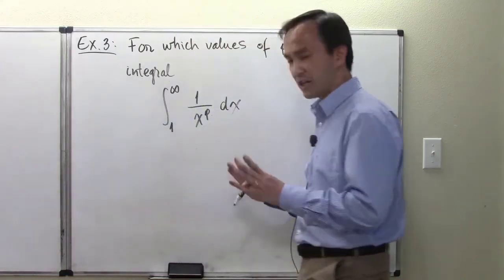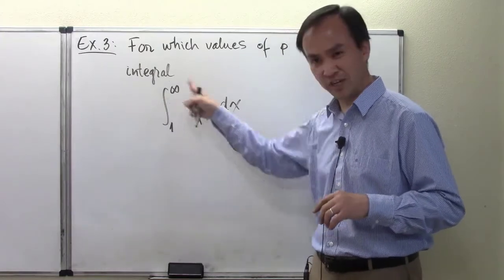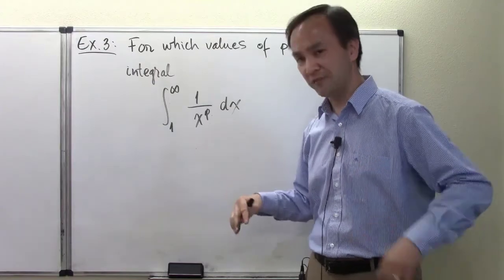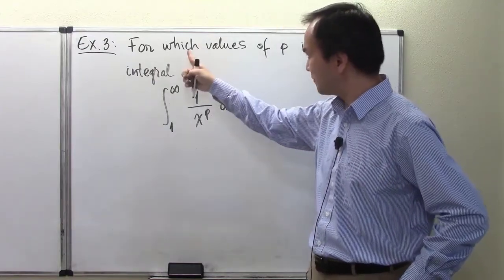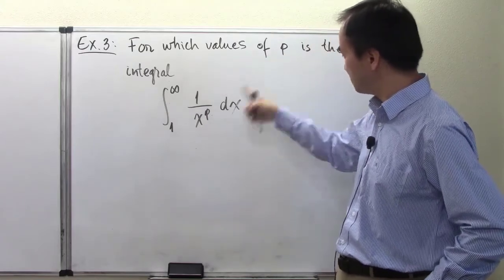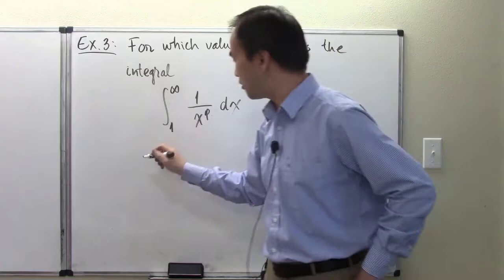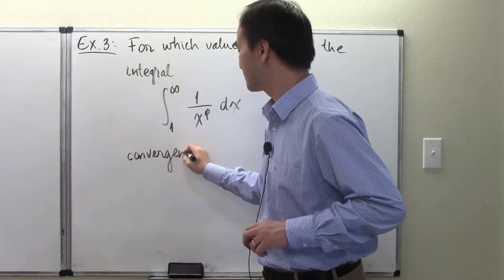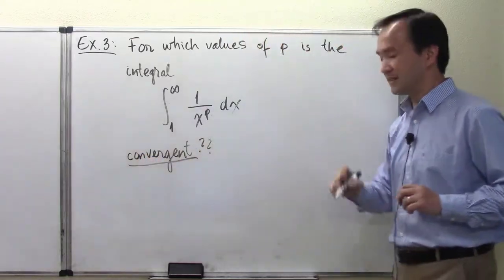That improper integral is of a form we have seen earlier, form 1 from part B of the definition. So the question wants to find out for which values of the parameter p this integral is convergent. That's the main part of the question.